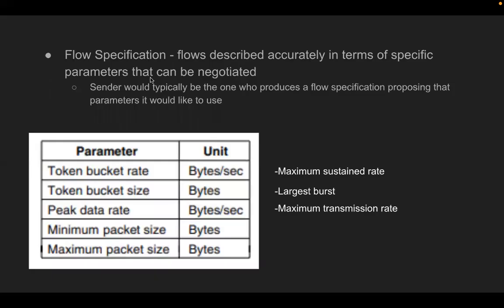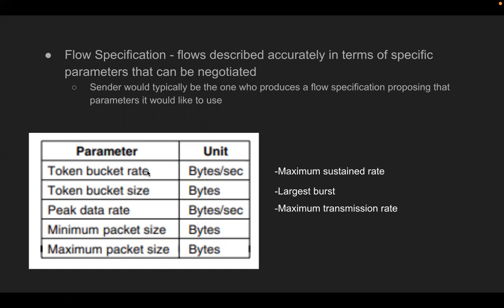And this is where flow specification is. It's described accurately in terms of specific parameters that can be negotiated. The sender would typically be the one who produces a flow specification proposing the parameters it would like to use. Here you have a simple example of some parameters: the rate and size.